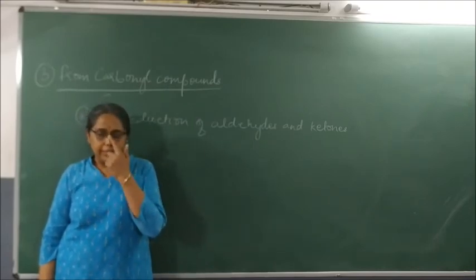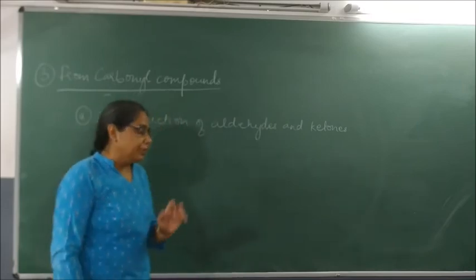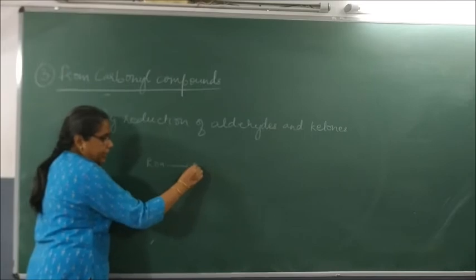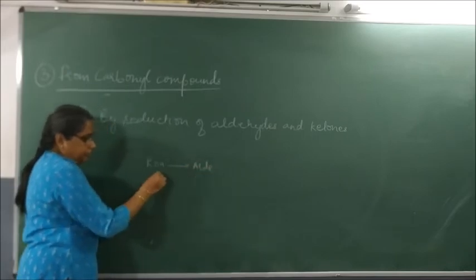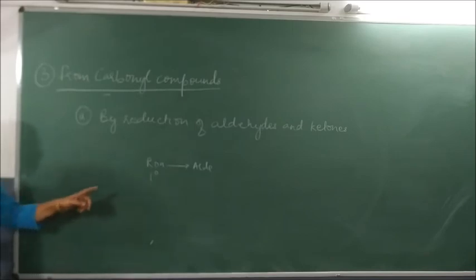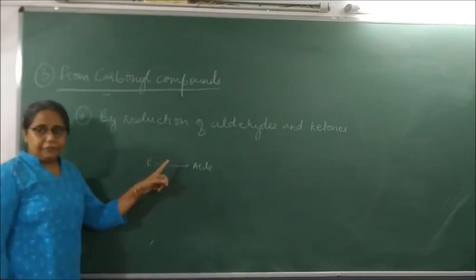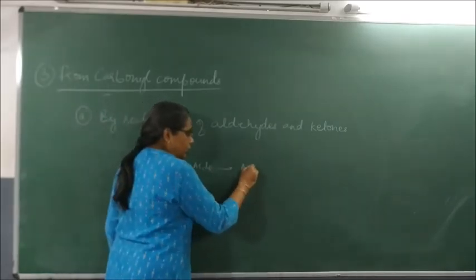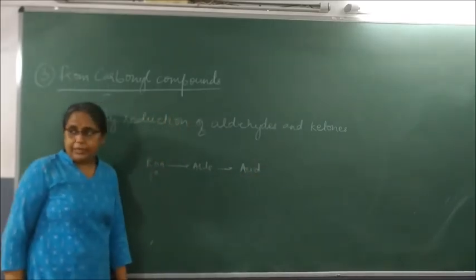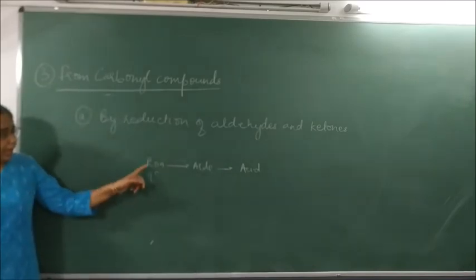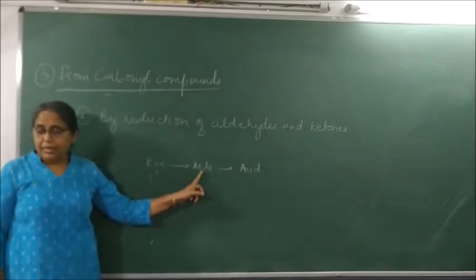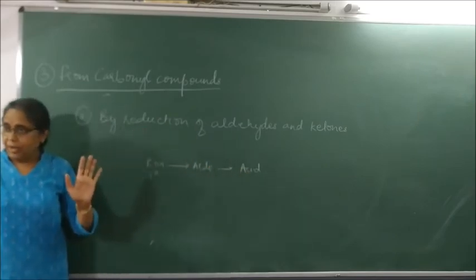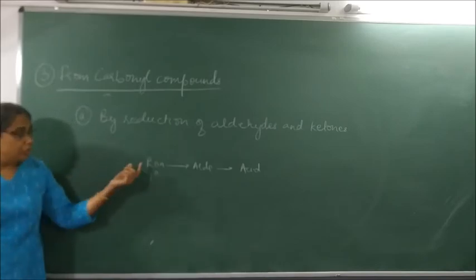Till you finish your exams, you should know one thing. Oxidation of primary alcohol gives aldehyde containing the same number of carbon atoms and also an acid containing the same number of carbon atoms. Now what I am asking you is how to get alcohol.